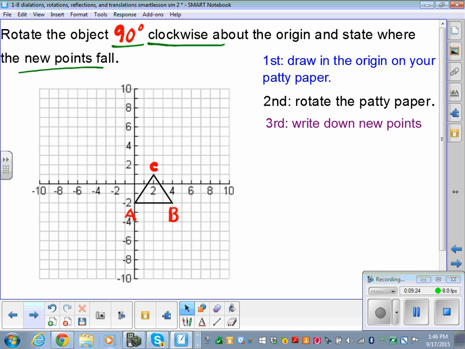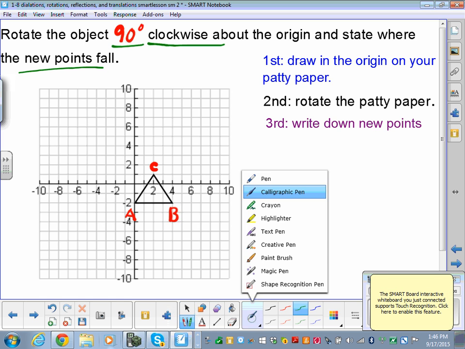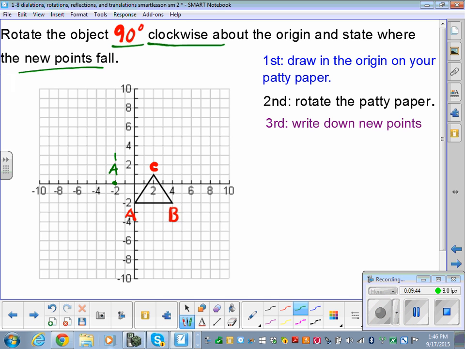Okay, I'm going to hurry and plot those points. I'm going to do it in green. So we have A' at -2, 0. A' means A prime, a tick. I never said that.